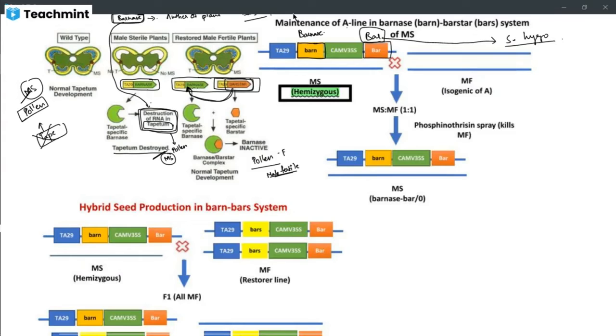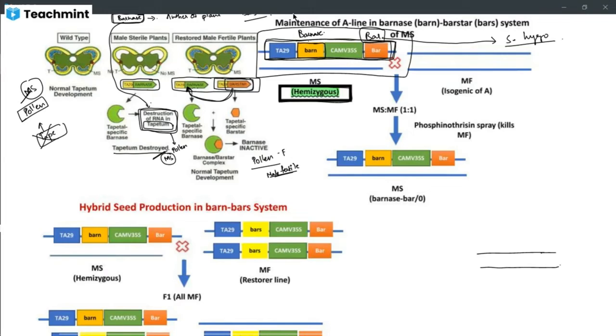See, our A line was developed in such a way that there is only a hemizygous condition of our Barnase and Bar genes. Hope you know about the hemizygous condition, which means there is only a single allele, only a single construct.